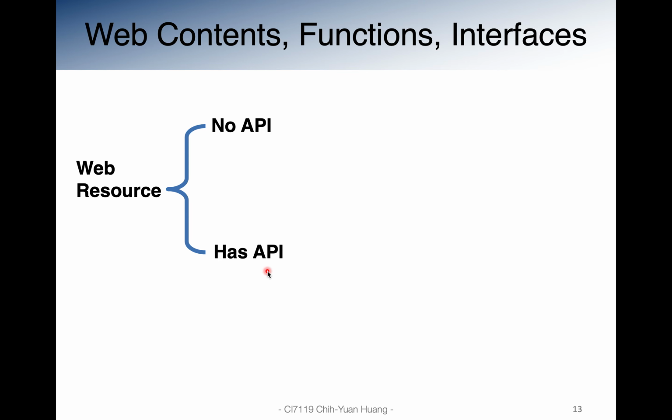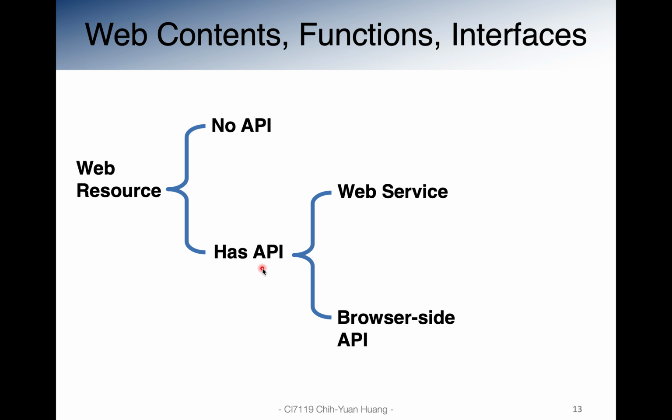So in this case, the resources are usually easier to retrieve by following their API. Okay, and if the web resource has an API, then it could be different types of API.